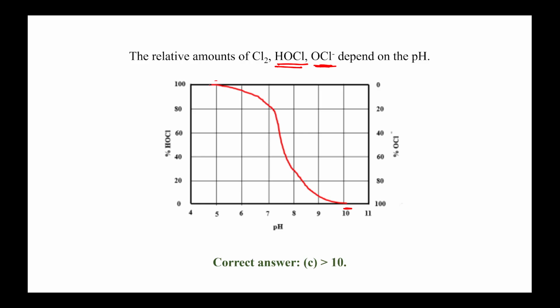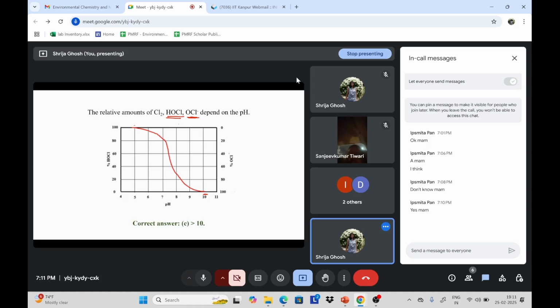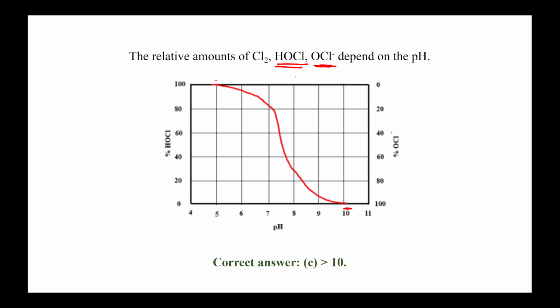HOCl is almost 100% below pH 5, and the hypochlorite ion is present at 100% above pH 10. I hope that's clear. Moving on to the next question now.